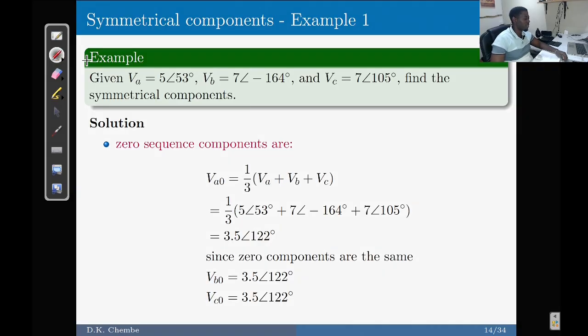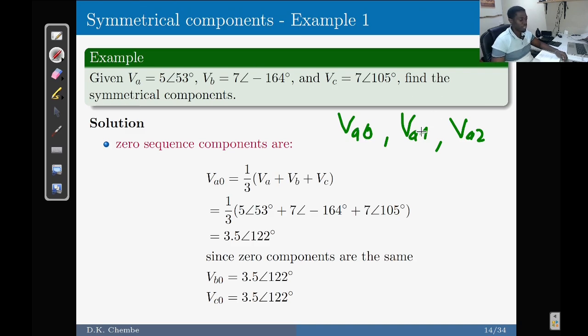What do we mean by symmetrical components? You have to find VA0, VA1, VA2. The 0 means the zero sequence component or zero sequence voltage.